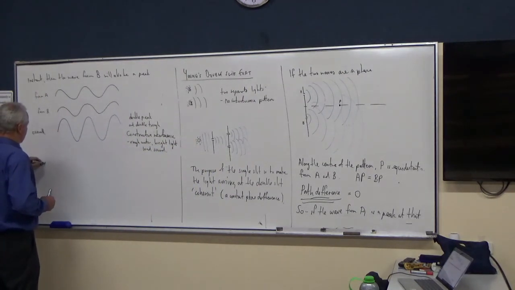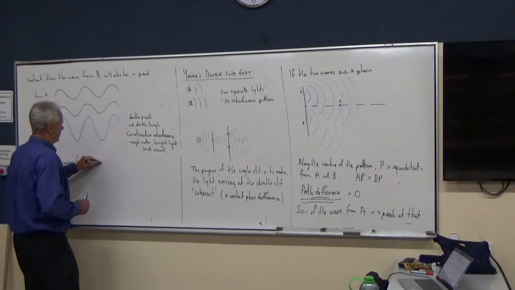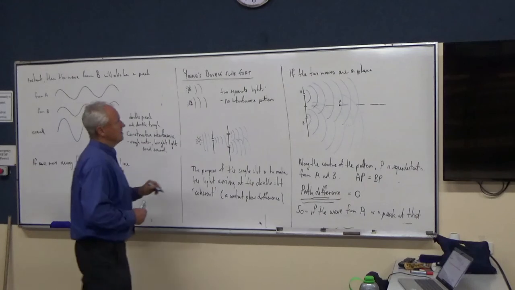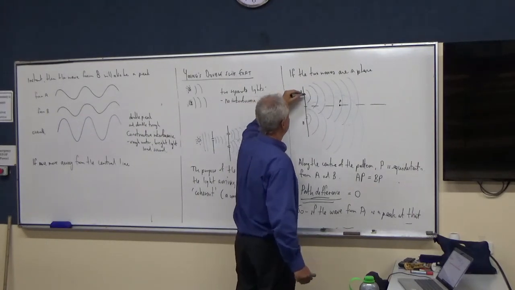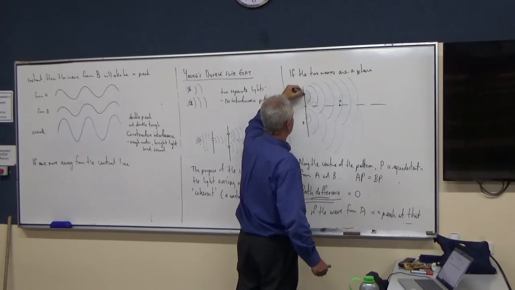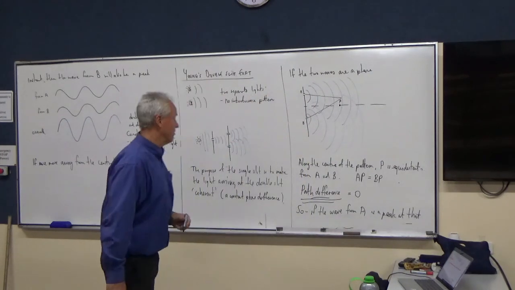If we move away from the central line, so that means something like that, then there's AP and there's BP, and clearly they're no longer equal.